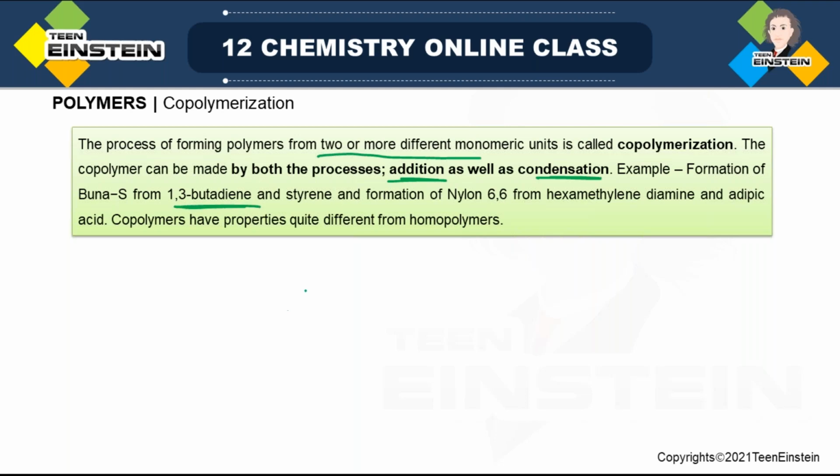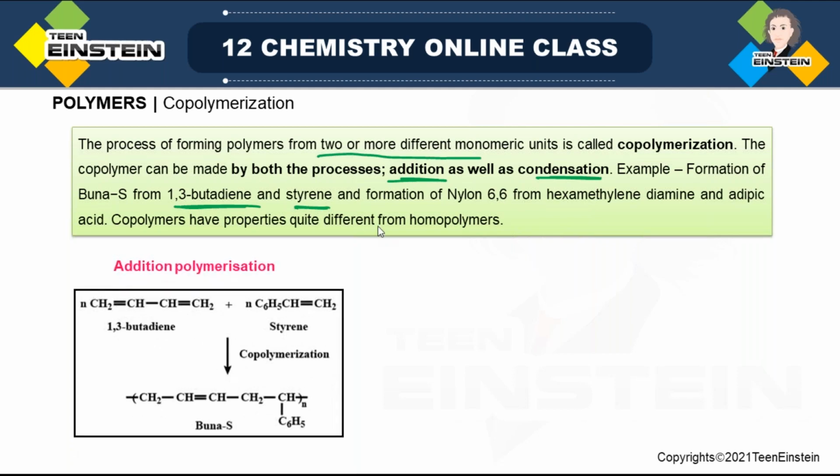Starting materials we have taken: 1,3-butadiene having double bonds, and styrene, which also has a double bond. This is the first example, which is under addition polymerization. No small molecule is removed, but this is copolymerization because you have taken two different types of monomer, monomer 1 and monomer 2. So this is copolymerization, but it is addition.